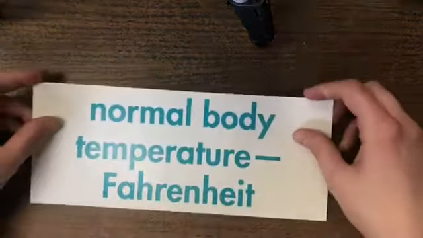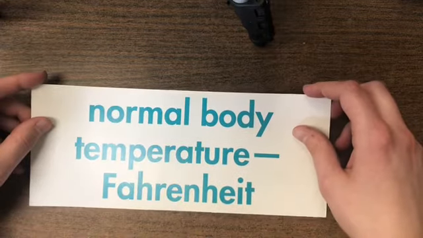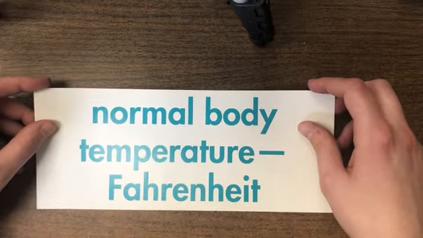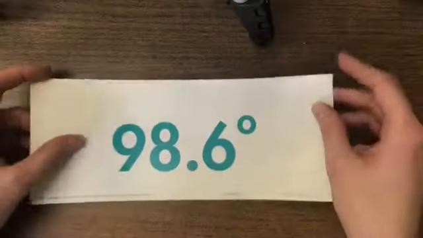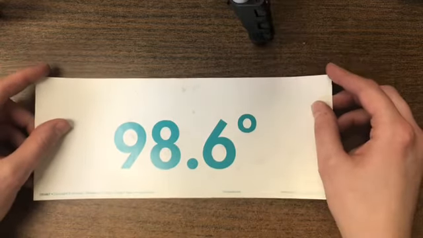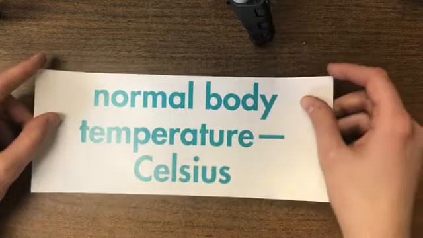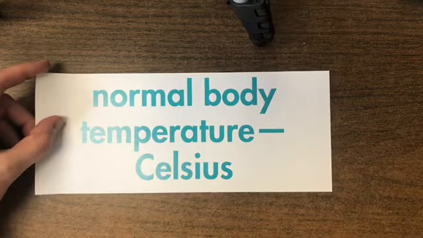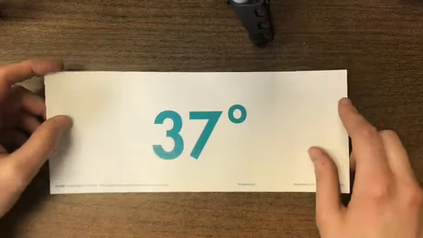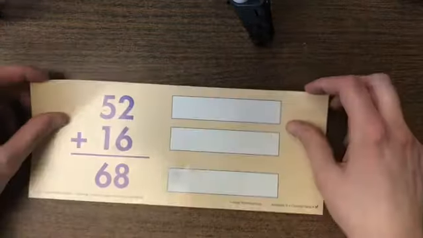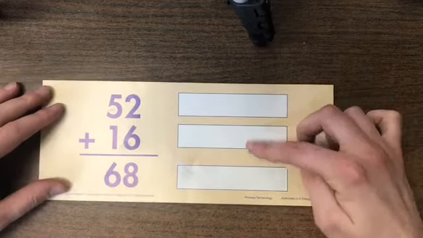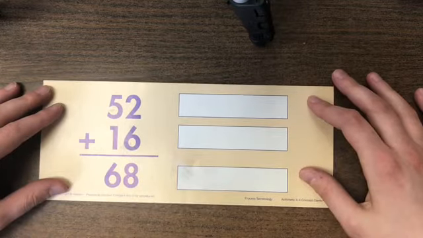Then we've got our normal body temperature in Fahrenheit is, that's right, 98.6 degrees. And our normal body temperature in Celsius, that's right, 37 degrees. Then finally, for an addition problem, what are the labels for each of these spots?